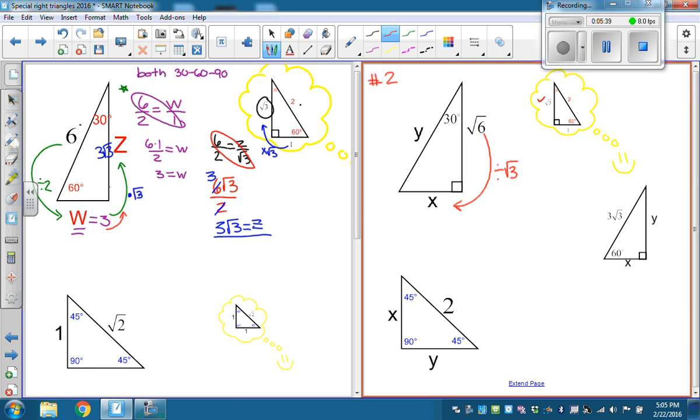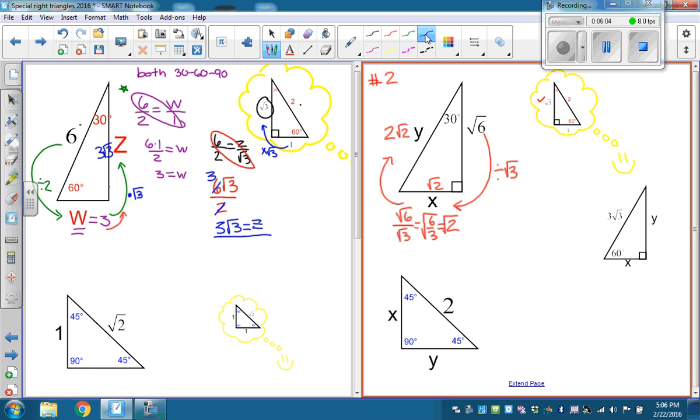So x is going to be square root of 6 over the square root of 3, which is the same as the square root of 6 over 3, which is equal to the square root of 2. And then to go from the short leg to the hypotenuse, I can double: 2 square roots of 2.